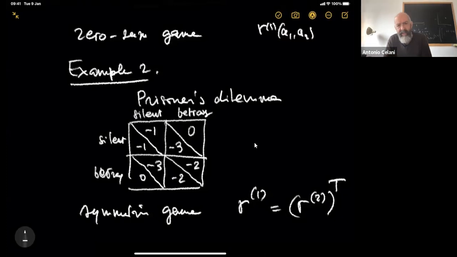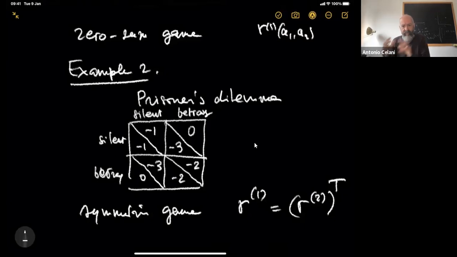So if you look at this table here, you see clearly that there is a difficult situation in decision making, because if you decide to cooperate, well, you get away with -1. So there is a better option, that is to betray. But if you betray, the other agent will also be tempted to betray. So you will fall into the situation where both of you get 2 years of jail.